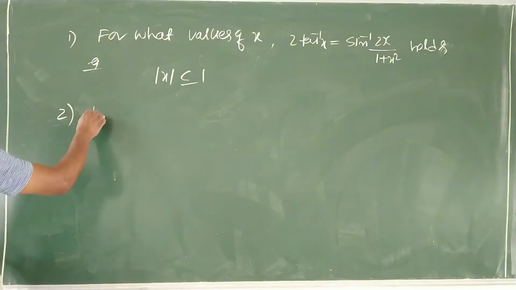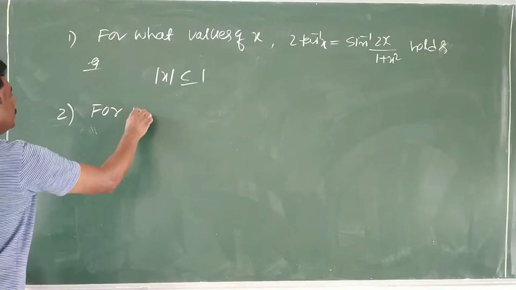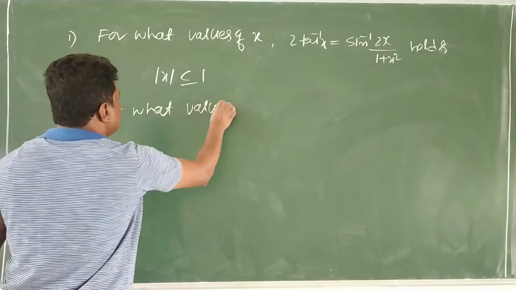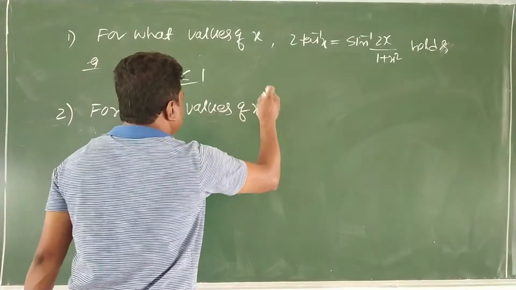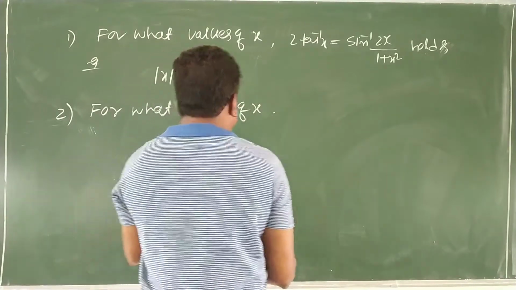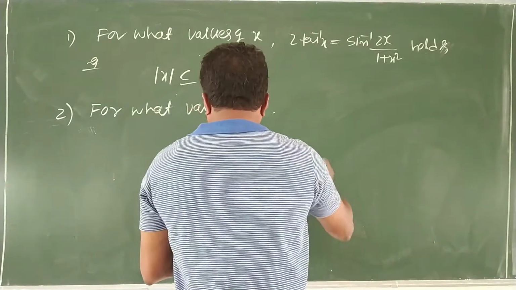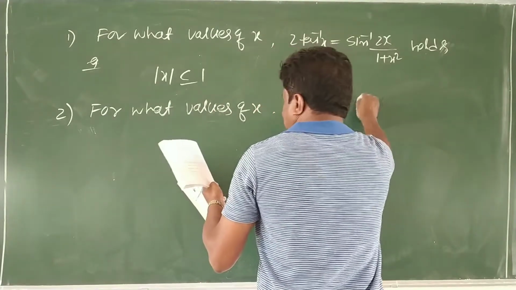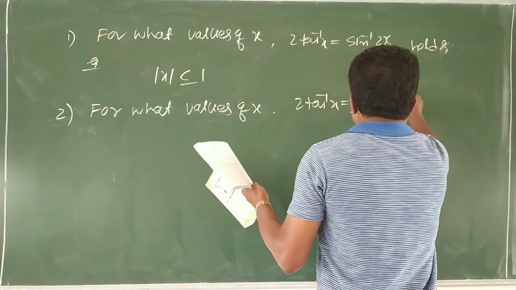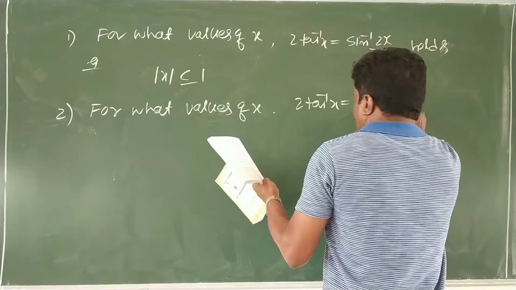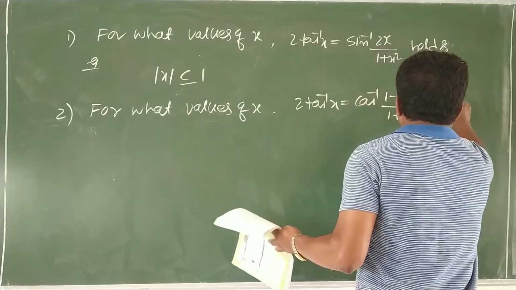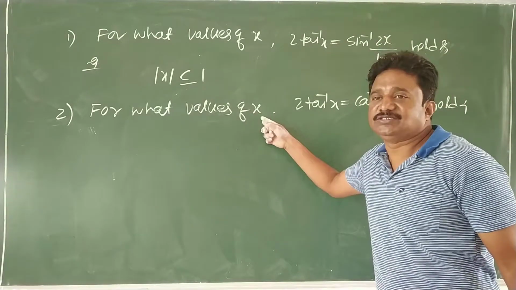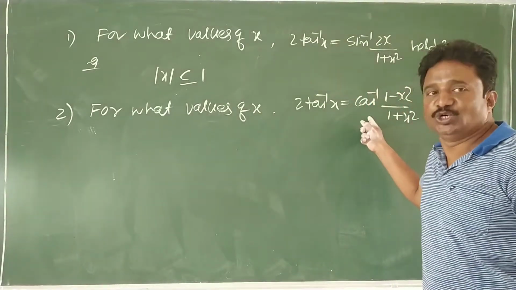For what values of x does 2 tan inverse x equal cos inverse of 1 minus x square by 1 plus x square hold? That means for what values of x this formula becomes true.